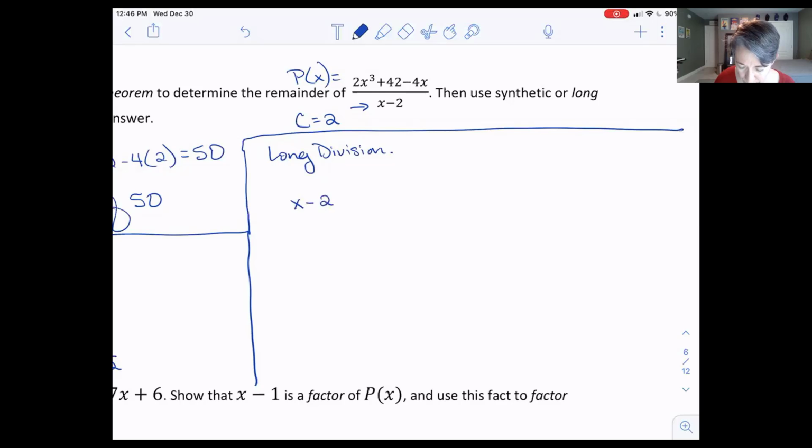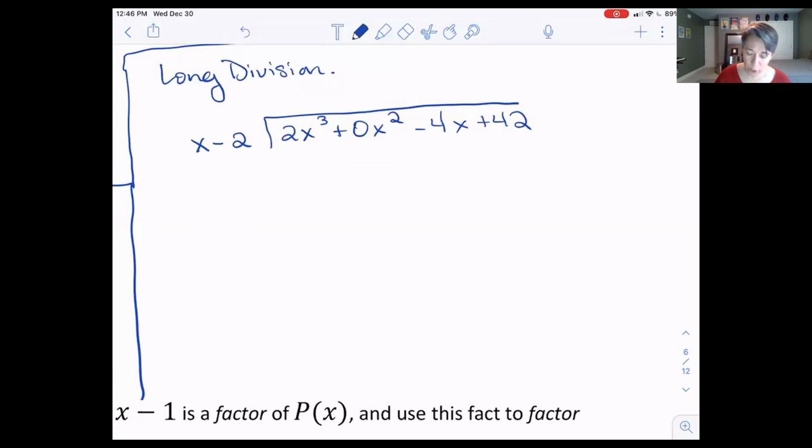Our divisor is x minus 2. And we're dividing into, but we still have to put it all in descending power. So we have 2x cubed plus a 0x squared minus a 4x plus 42. And then our goal with long division is we want to multiply this x by something so we would get exactly a 2x cubed. Well, x times 2x squared would give us a 2x cubed.